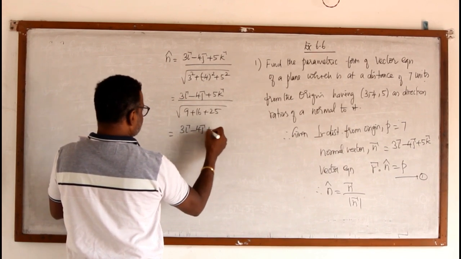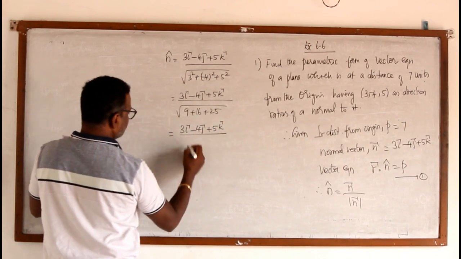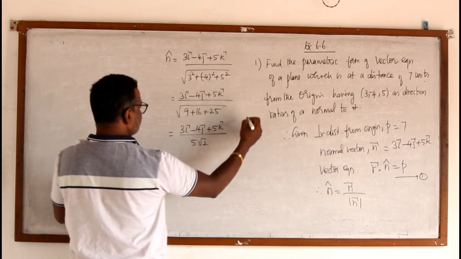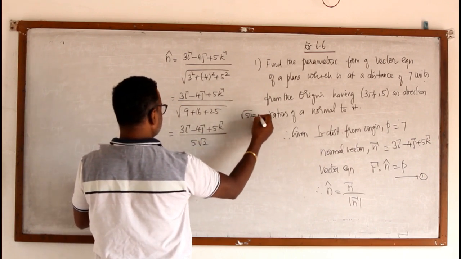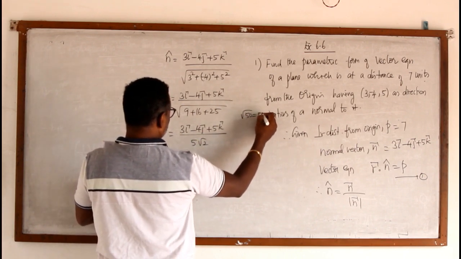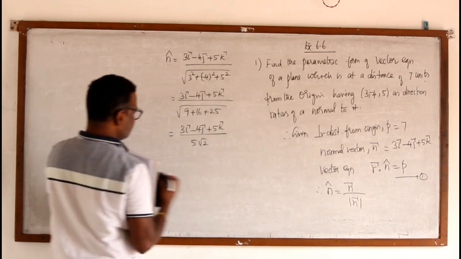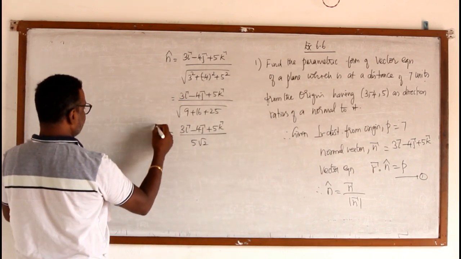Root 50 means 5 root 2, isn't it? Root 50 is root of 25 into 2, that is 5 root 2. So, a standard student will understand. Therefore, this is n cap.